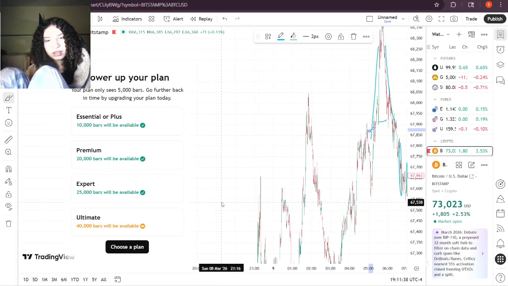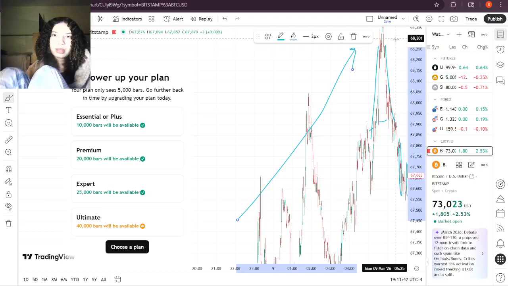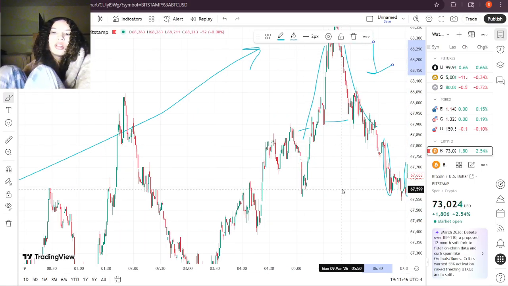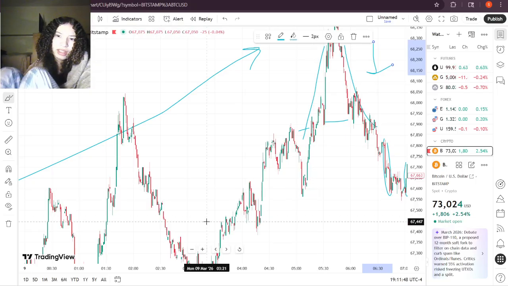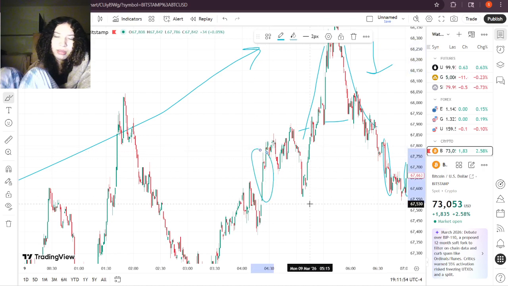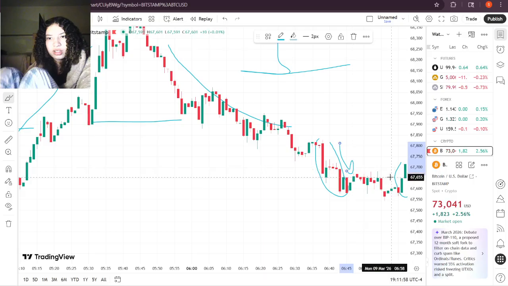The big picture, we can't see everything, but we could see that this was up and now we're down. So maybe we are approaching another upward spike. We could see a similar one here. And we know there's this up.